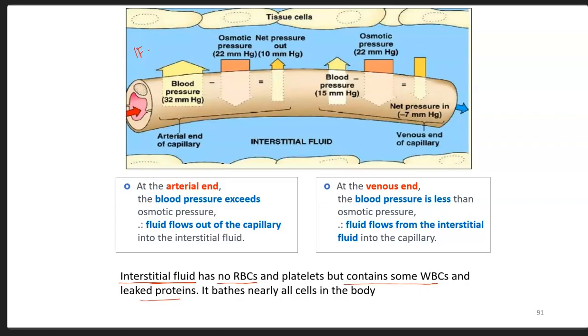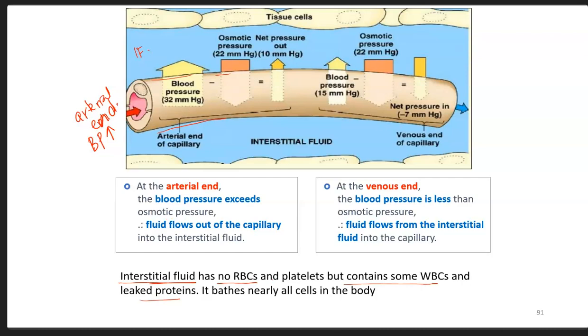So here are the blood vessels. On this side here is the arterial end. The blood that flows at the arterial end will flow with high blood pressure. So the blood pressure exceeds the osmotic pressure.